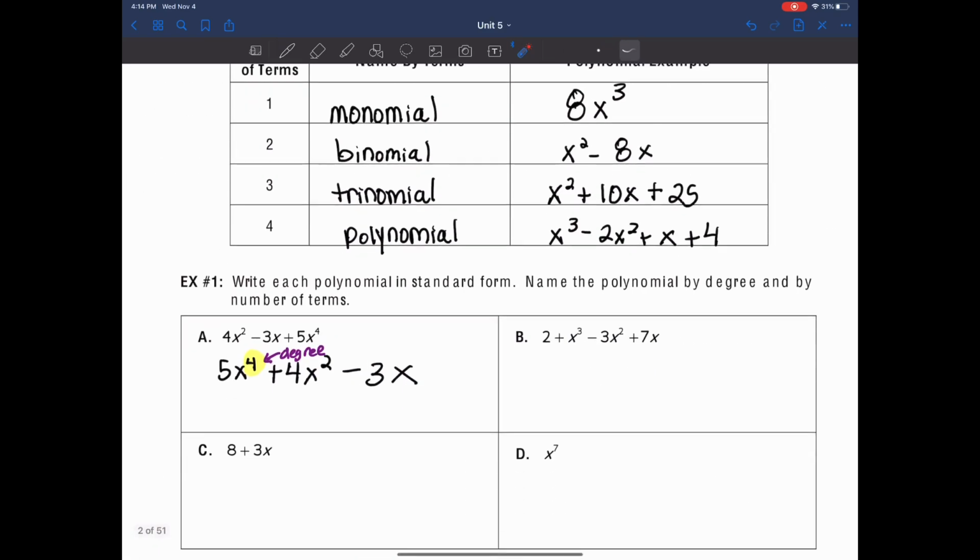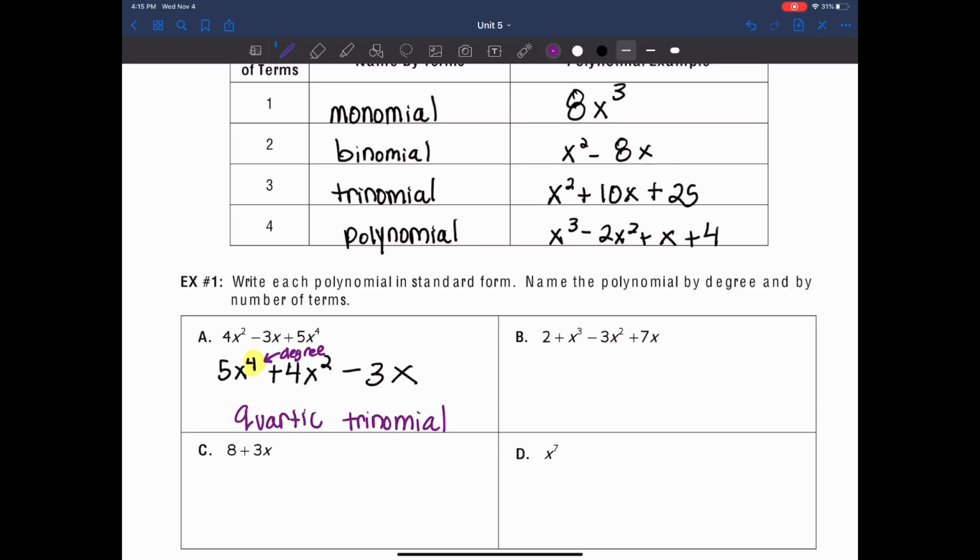So the first thing we're going to put down is quartic. This is a quartic function. And then now we're going to classify this by the number of terms. Well, I notice that this has 3 terms. So that means I'm looking at 3 terms up here, which is a trinomial. So this expression is named a quartic trinomial.